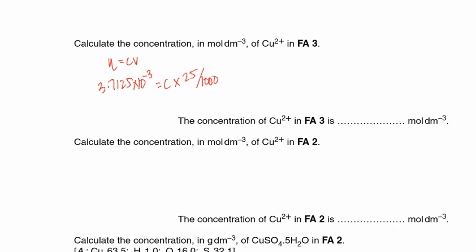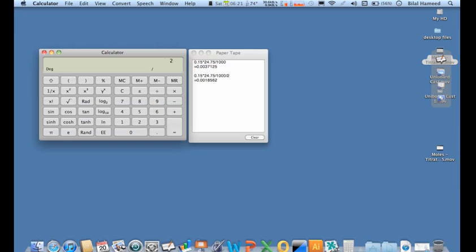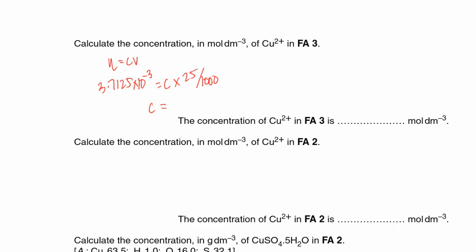And the answer is divided by 25 into 1000. I get 0.07425. Okay, I found FA3.